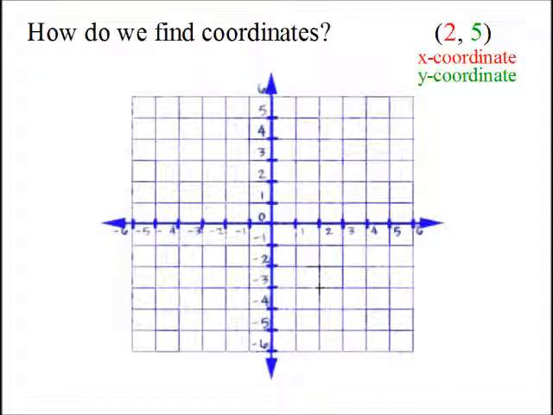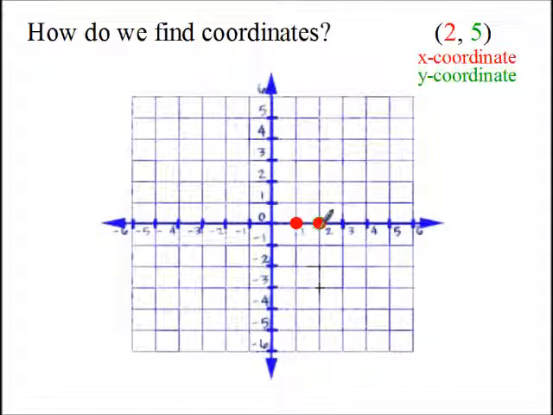Let's start with plotting the x-coordinate. Starting at the origin, we're going to go 2 over to the right. So, 1, 2. We know that our point is somewhere on this line where x equals 2. Next, we have to plot the y-coordinate.